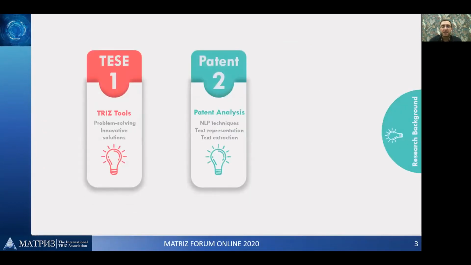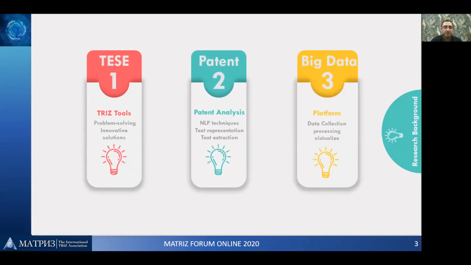Our research background includes three main concepts. First is TSE, which has some trends and subtrends for problem solving and innovative solutions. Patent analysis includes text representation and text extraction with the help of NLP techniques, which is natural language processing. And also, we work on a big data platform for collecting, processing, and visualizing data.